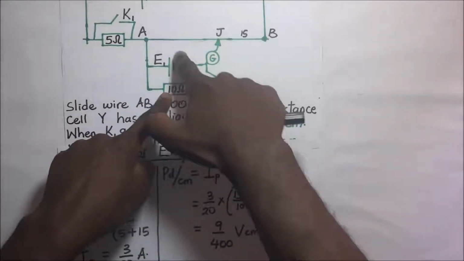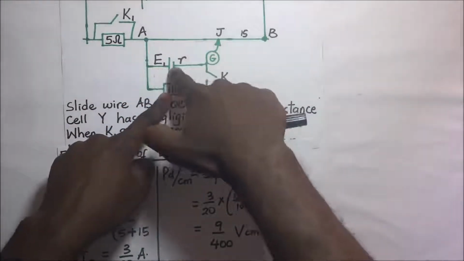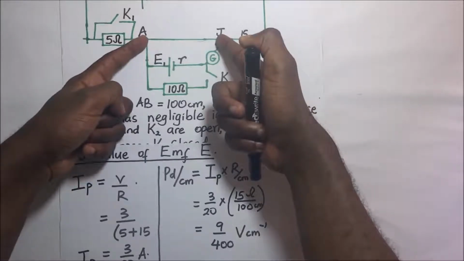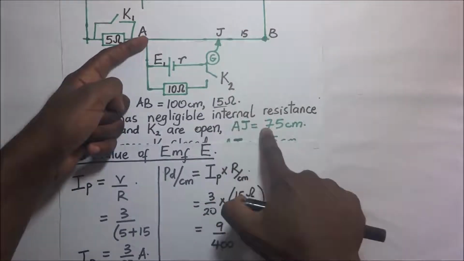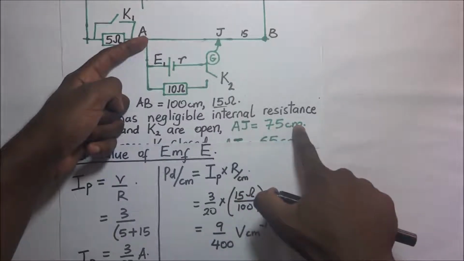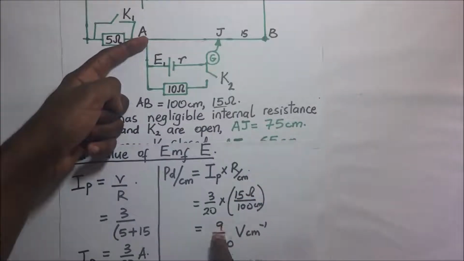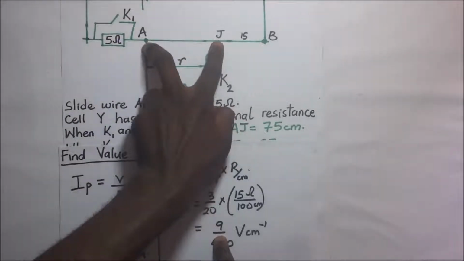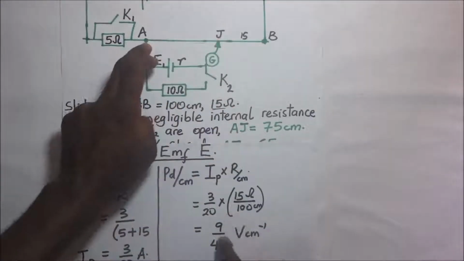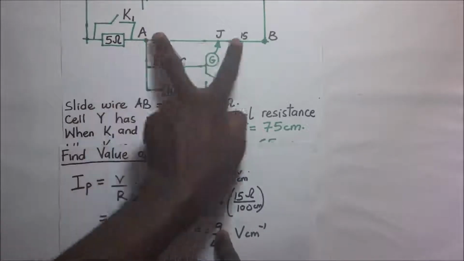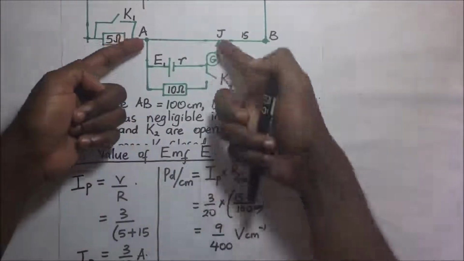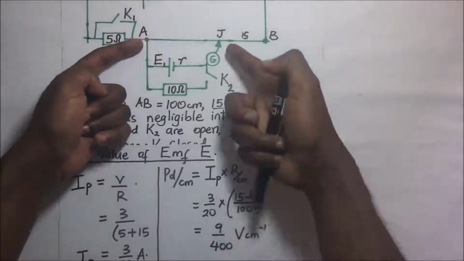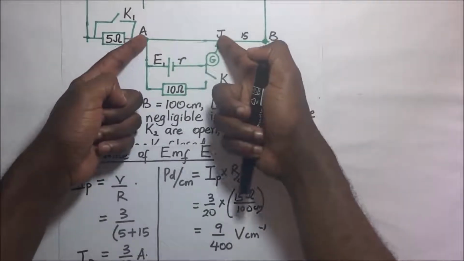So the EMF of that cell E is equal to the PD across that balance length AJ. Now that we have the PD per unit length of this slide wire, to get the potential difference across that balance length, we multiply the PD per centimeter of this wire by the balance length, which is 75 centimeters, so that we're able to get the PD across that balance length AJ.